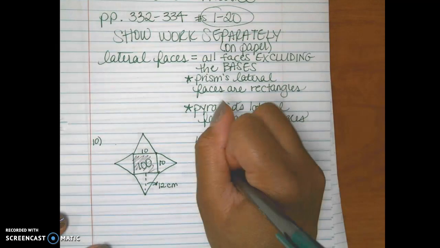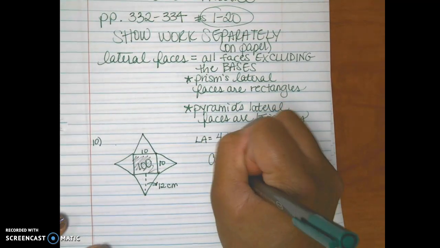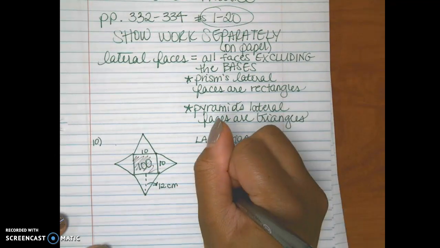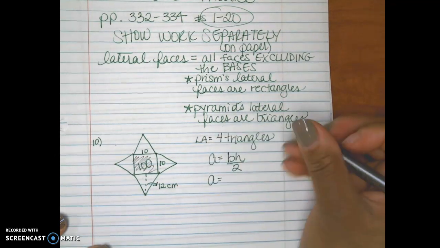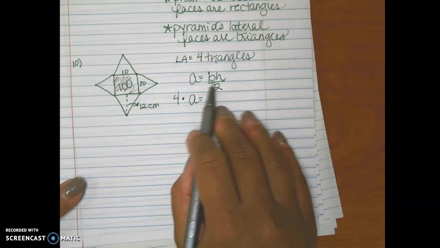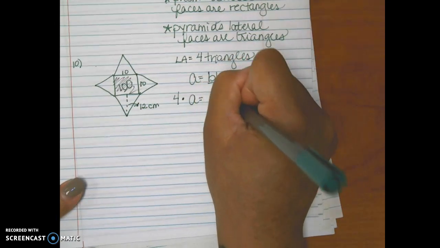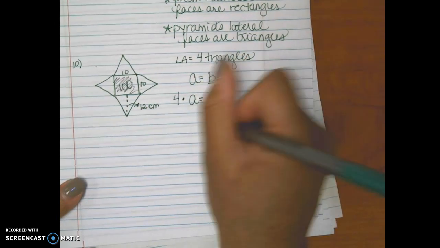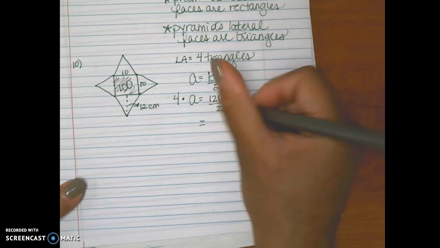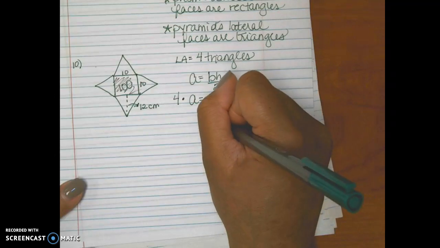Then I need to write down the area of a triangle is base times height divided by 2. Then I need to write down what those triangles are, and since I have 4 of them, I will multiply by 4. So here, I have my base and my height of my triangle, which is 12 and 10, divided by 2, which equals 12 times 10 is 120, divided by 2 is 60.